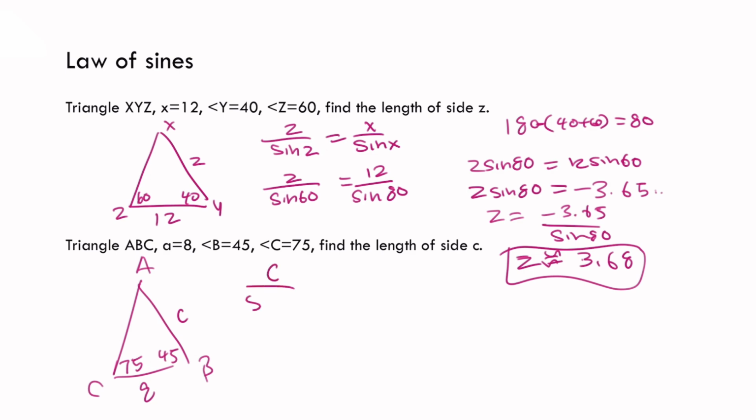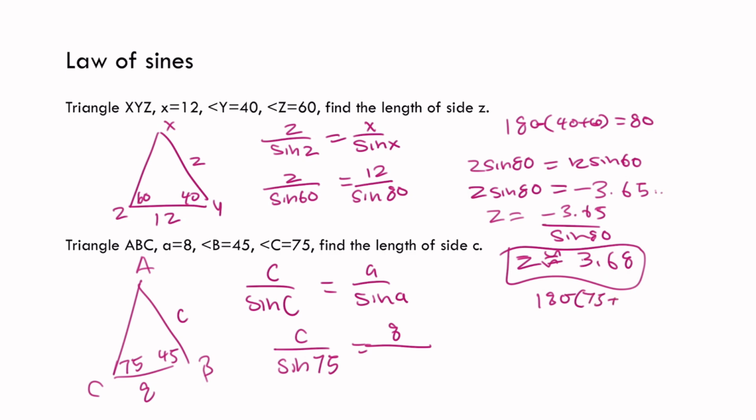So c over sine C is equal to, say, a over sine A. Sine C is sine 75, a is 8, and then we can do 180 minus (75 plus 45), which is equal to 60 degrees, so sine 60.